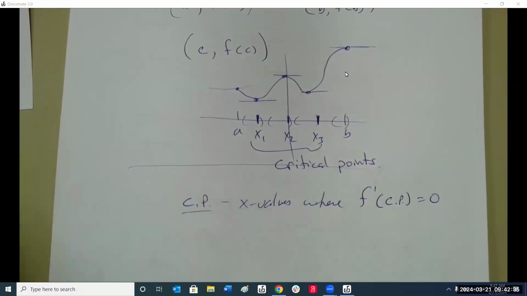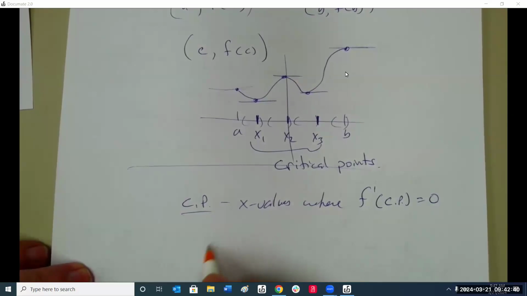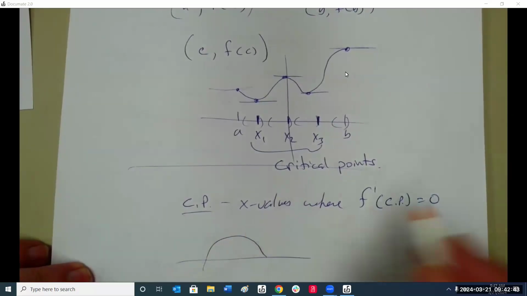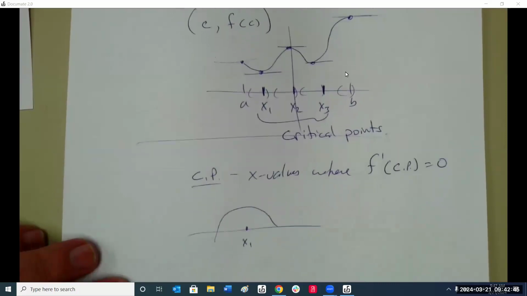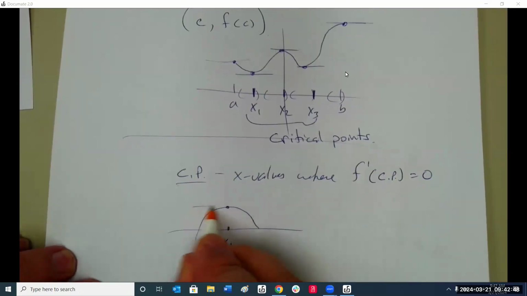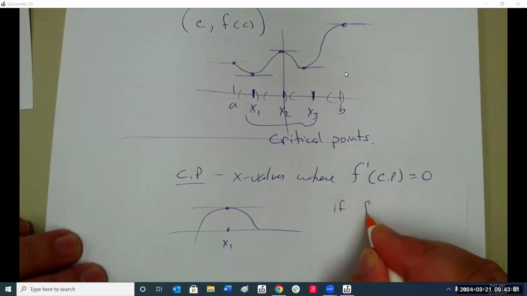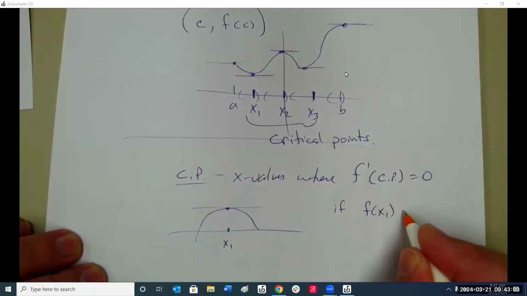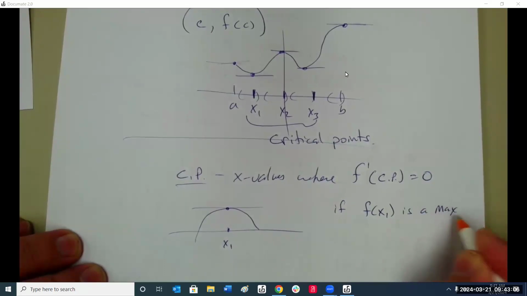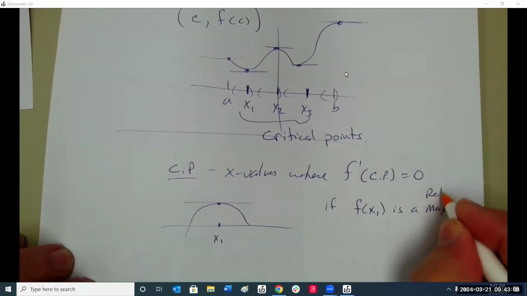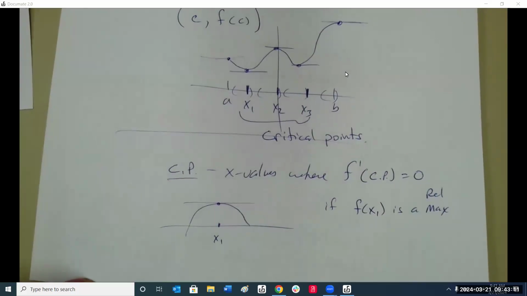Now, why they're called critical points is because we know that if we had a graph like this, it's part of another one, the derivative here is 0. Now, without looking at a graph, how can we determine if that's a maximum or a minimum? If f of x1 is a max, or relative max, then what has to be true?